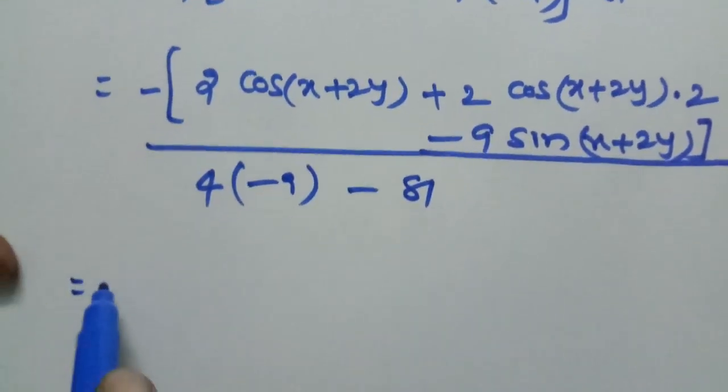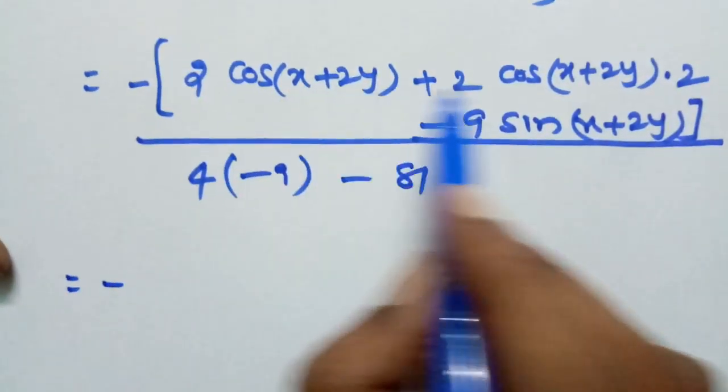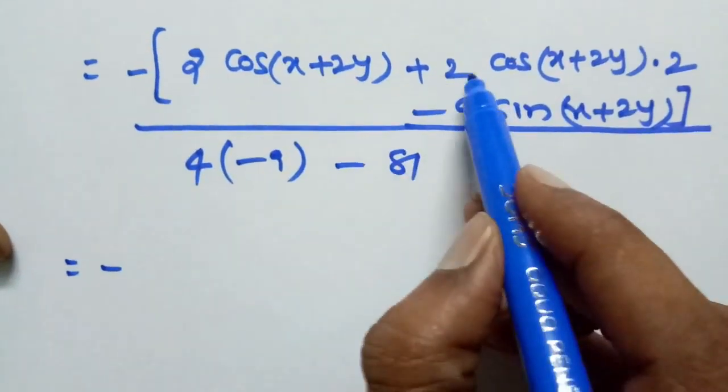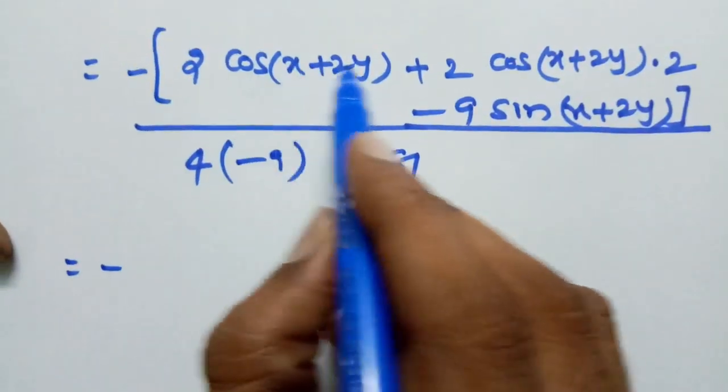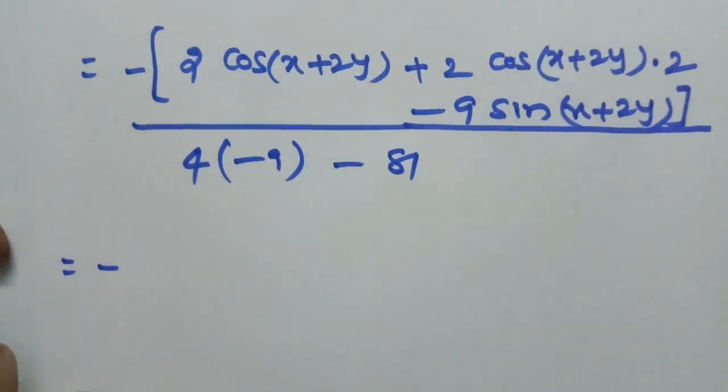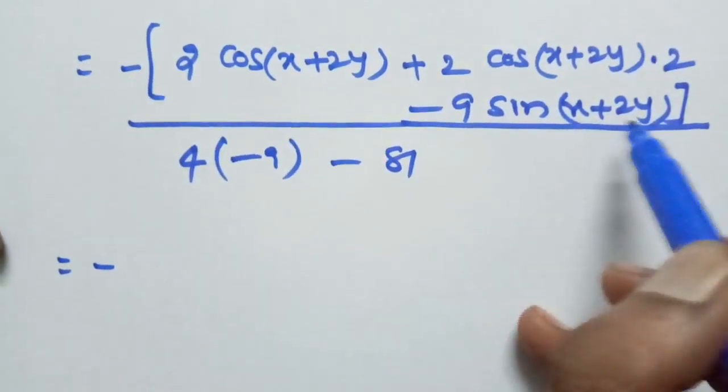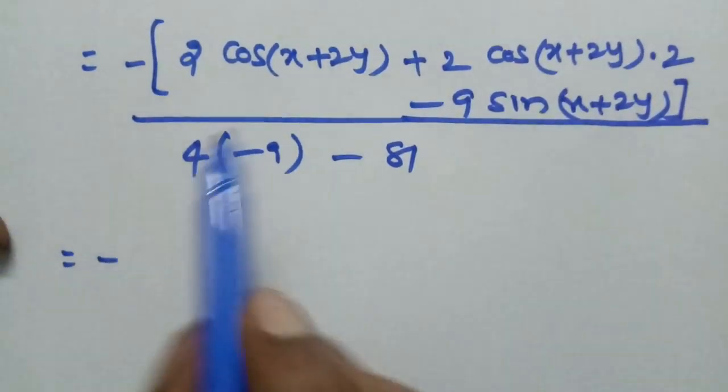Therefore, this can be written as −2 cos(x + 2y), 2 into 2, 4, so 6 cos(x + 2y), and −9 sin(x + 2y).